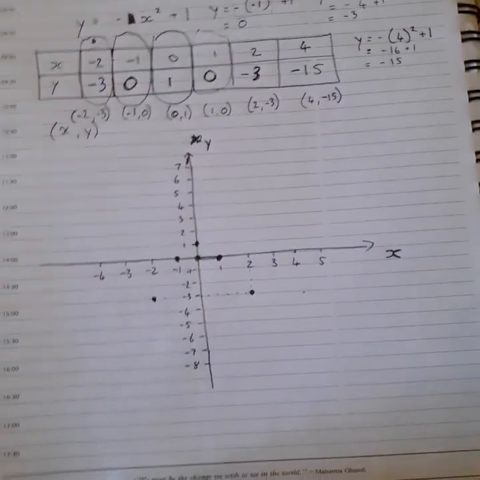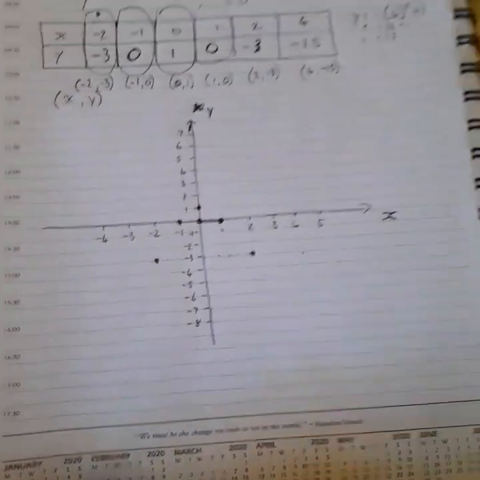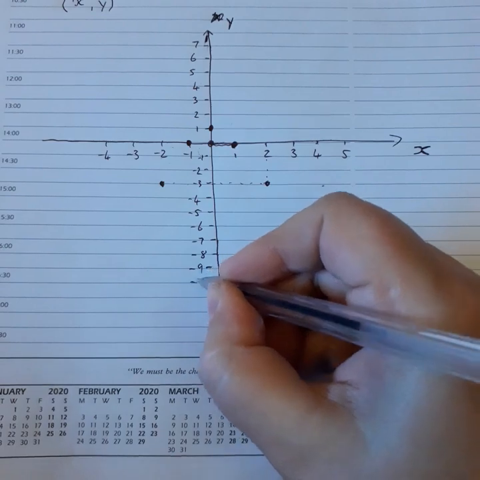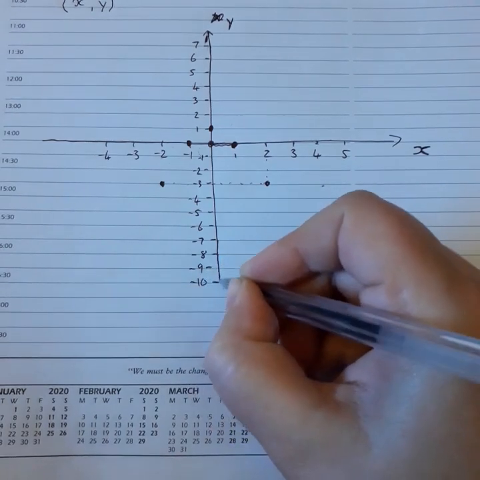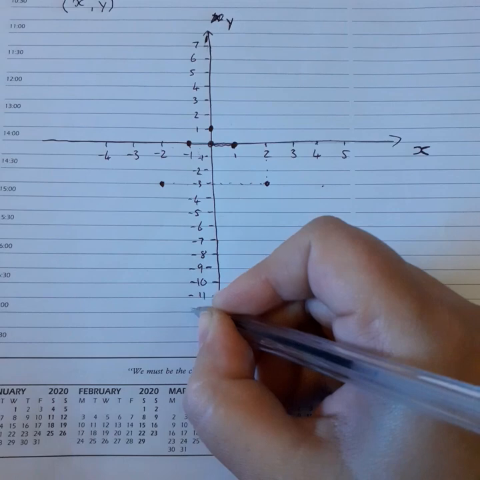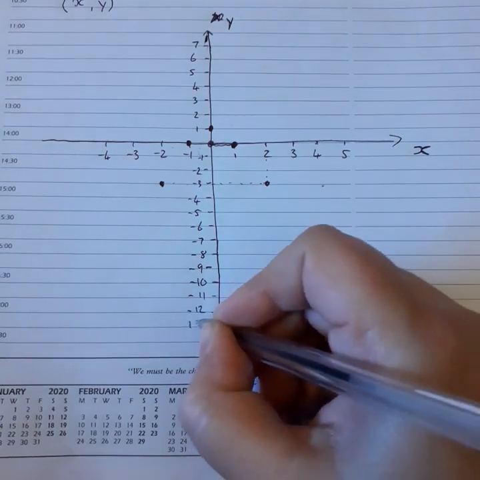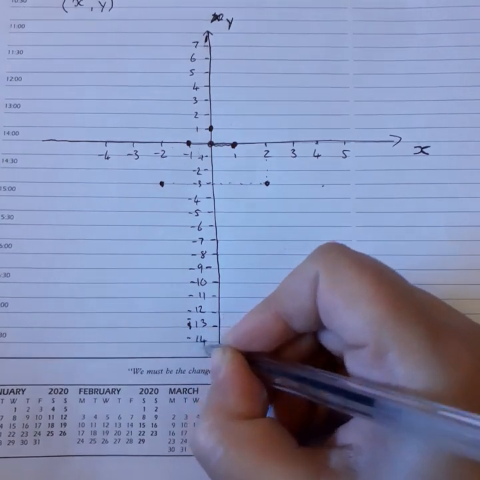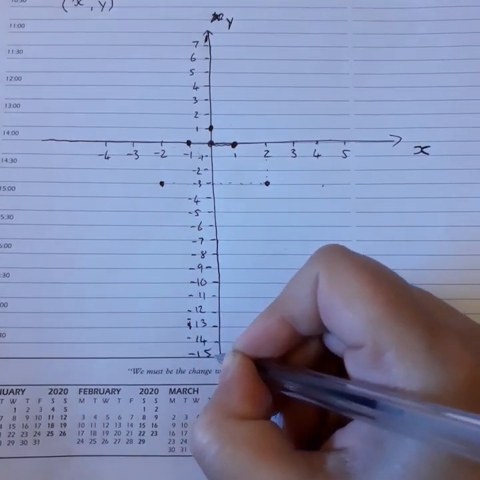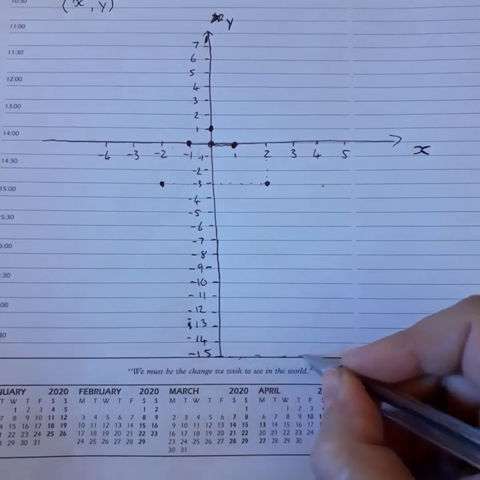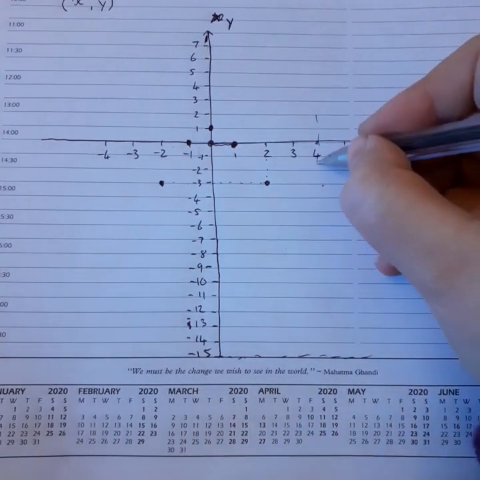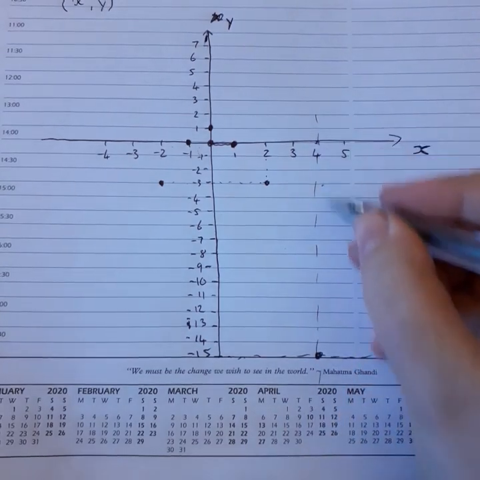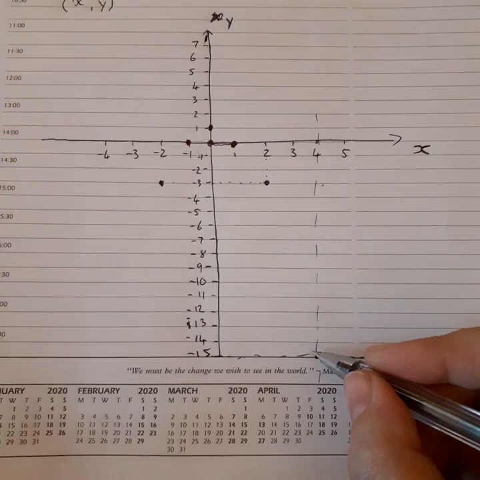And let's quickly count down to minus 15, which I don't have here. Minus 9, minus 10, minus 11, minus 12, minus 13, oopsie, minus 14, minus 15. Okay, so there's minus 15, there's 4. So that point is where the x is 4 and the y is negative 15.